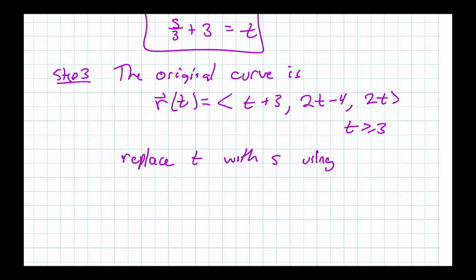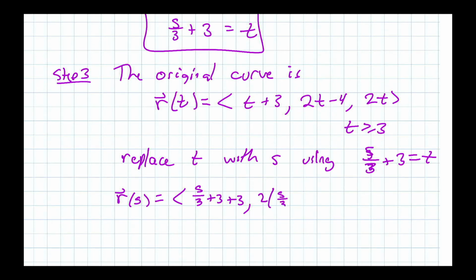Using what we just had, which is s over 3 plus 3 equals t. So now this is going to be r of s, actually, which is going to be t, which is s over 3 plus 3 plus 3, comma, and then you put this in for the second one. So you have 2 times s over 3 plus 3 minus 4, and then 2 times s over 3 plus 3.